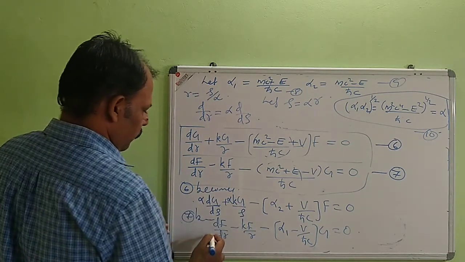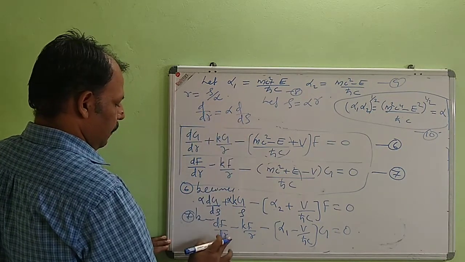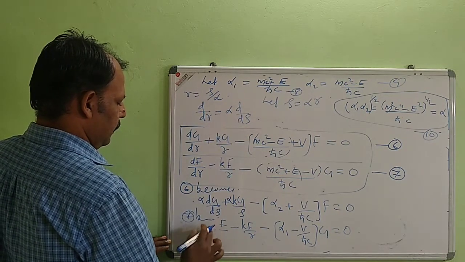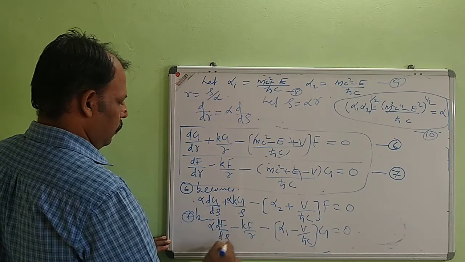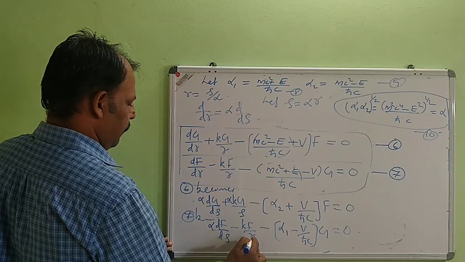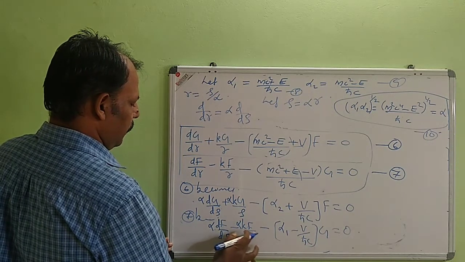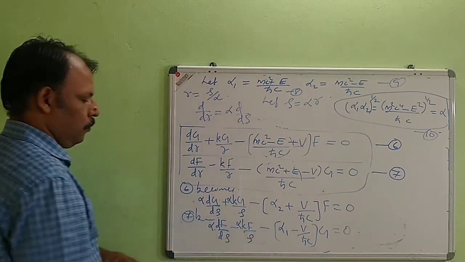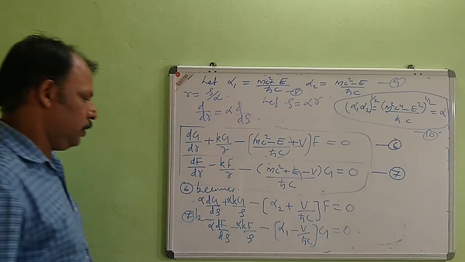This term in equation 7, we can write d by dr as alpha into d by d rho. Now minus kf by r, with r equal to rho by alpha, becomes alpha by rho. Minus alpha 1 minus v by h bar c into g equal to 0.